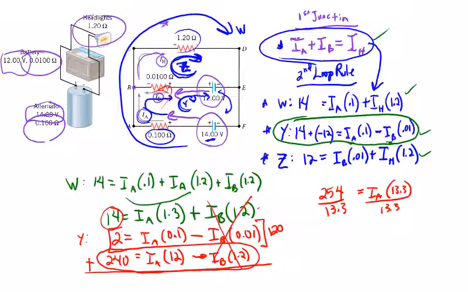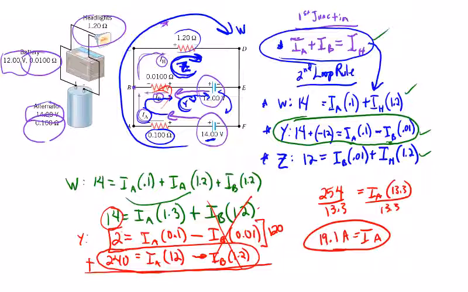And finally, I get that IA is going to equal 254 divided by 13.3, and I get 19.09, blah, blah, blah. So just for simplicity's sake, I'll say 19.1 amps. Ta-da! I figured out one of the currents. I know how much current is going through the alternator.